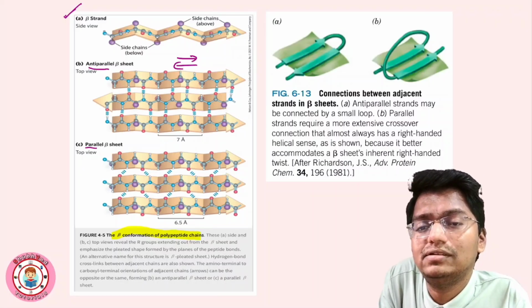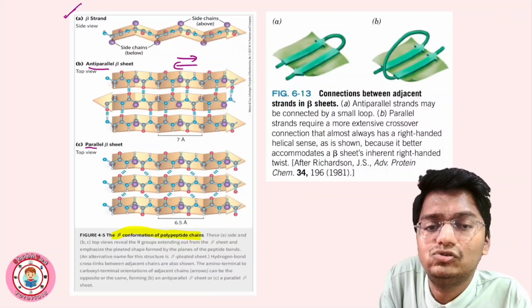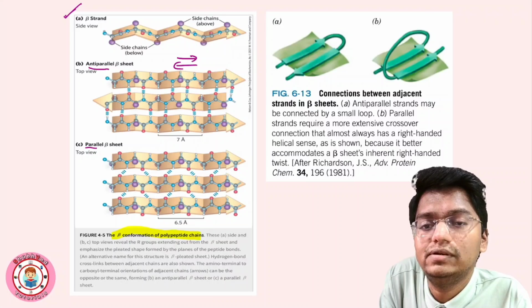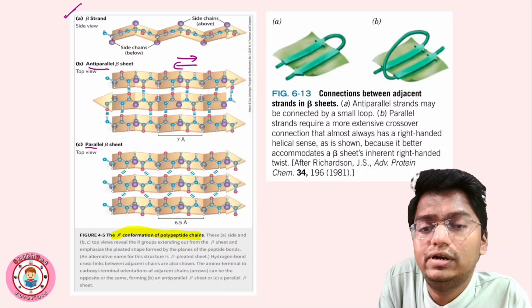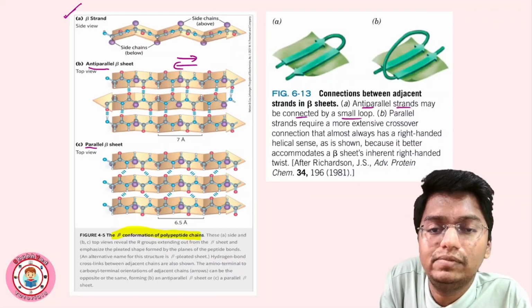Here next is connections. मतलब जो बीटा शीट्स है उसको कनेक्ट करते हैं फिर लूप्स, राइट? लूप्स और टर्न्स वी कैन से, which are flexible. See this, a picture is what? Anti-parallel strands may be connected by small loop. This is anti-parallel.